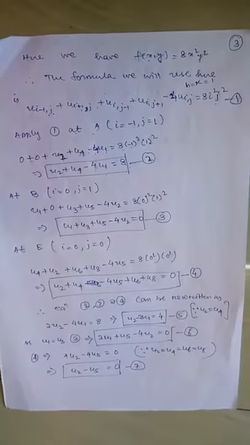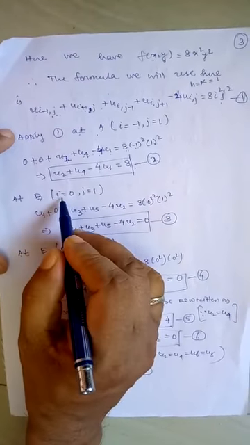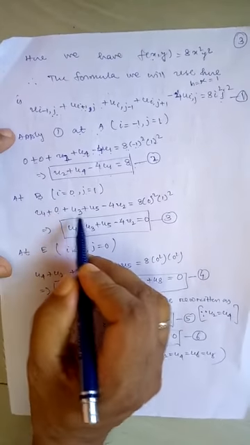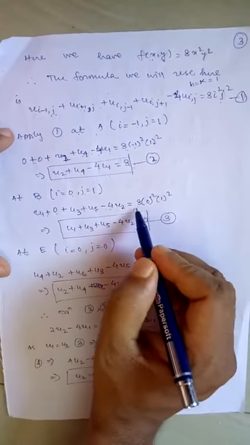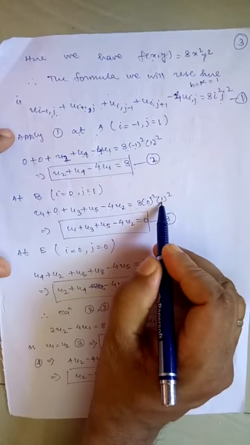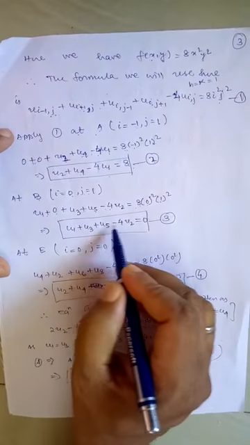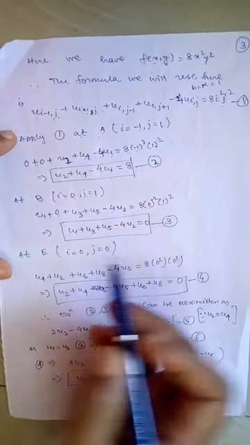So the solution at the grid point B is u1 plus 0 plus u3 plus u5 minus 4u2 is equal to 8 into x is 0, y is 1. And so we will get a relation between u1, u3, u5 and u2. So let us denote it equation 3.